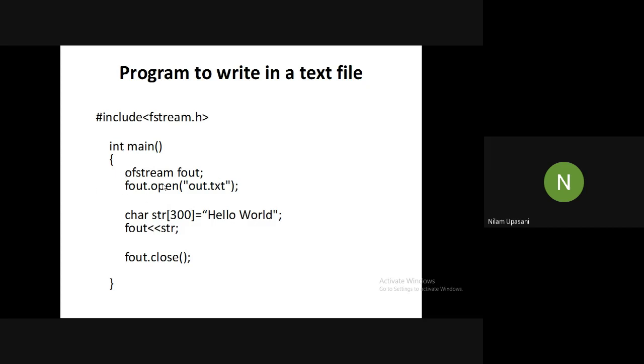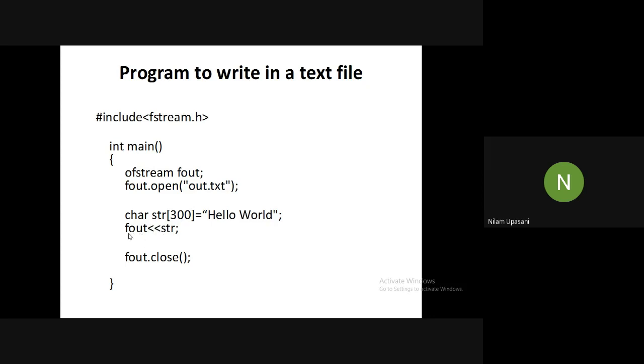So this fout we have opened with this object. We have opened this out.txt file, and then some string I have initialized. Suppose I want to write hello world in that file, so some string I have taken here, and then I'm saying fout and using the insertion operator, the way I do it for cout.